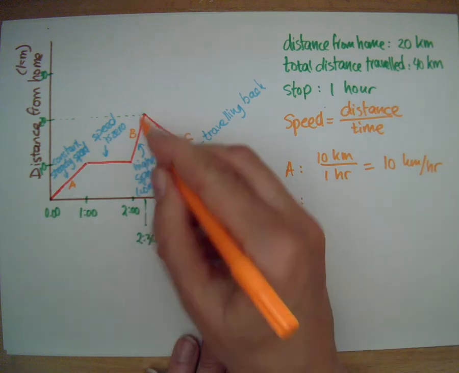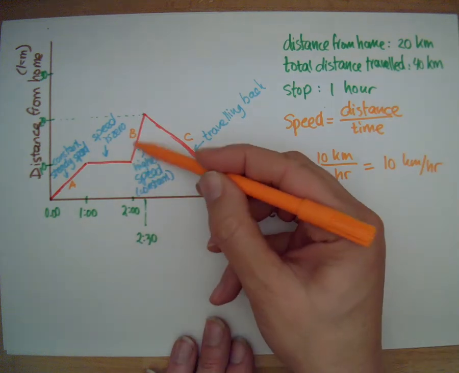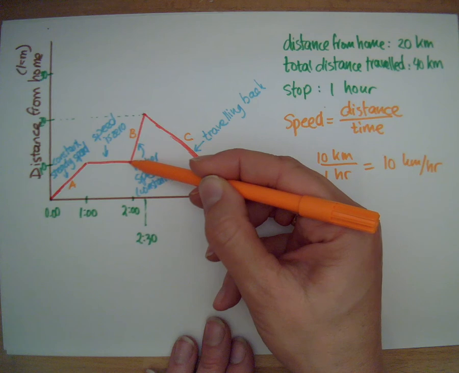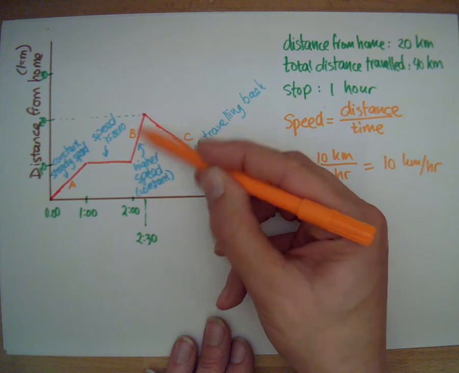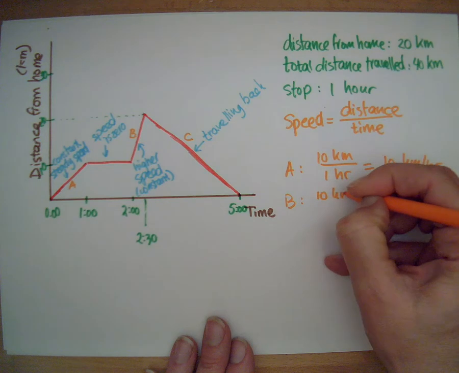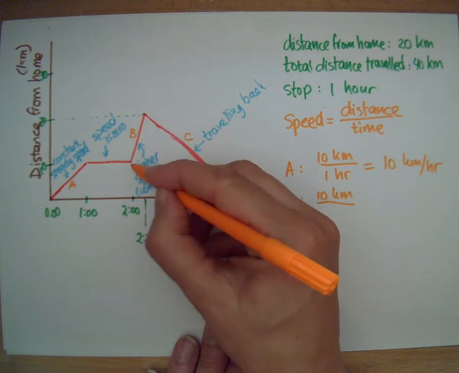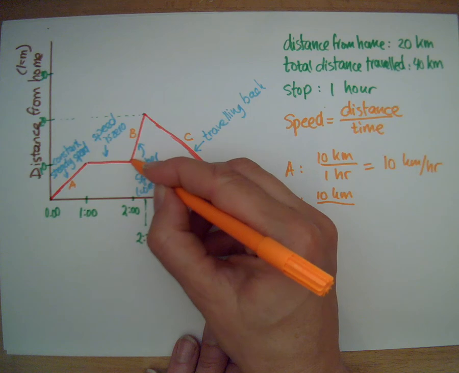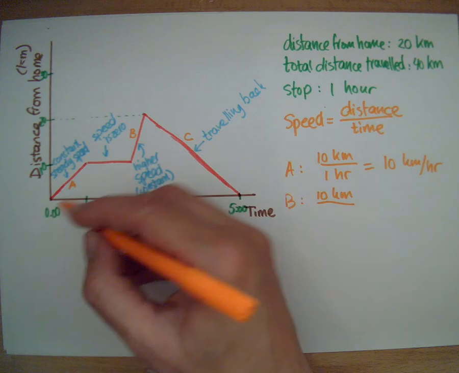The stretch here that we've labeled B. How far did we travel? We were 10 kilometers away and we got to 20 kilometers away from the house. So we traveled, on this stretch, 10 kilometers once again. How long did it take us to travel these 10? It took us from 2 to 2.5 hours past the time we started.